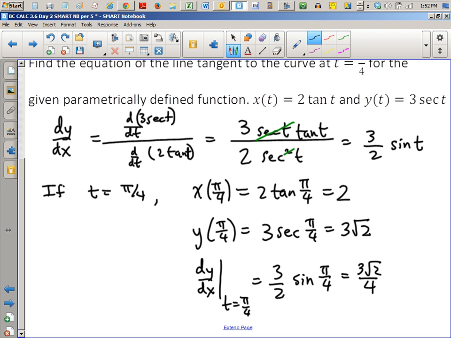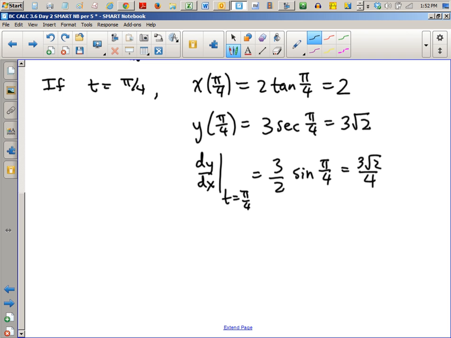So what does this all mean? I got the first two numbers by plugging pi over 4 into the given equations. And I got this last number by plugging the pi over 4 into my derivative that I found. What does this all mean? This means that the graph of the function passes through the point 2 comma 3 root 2, and it has slope 3 root 2 over 4.